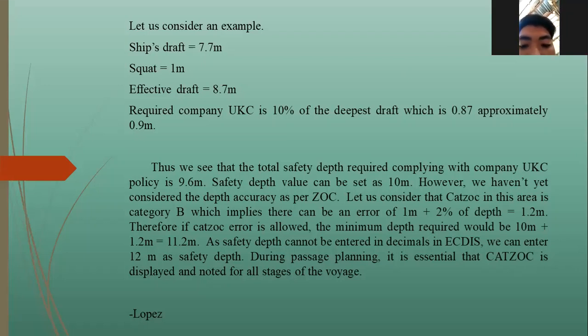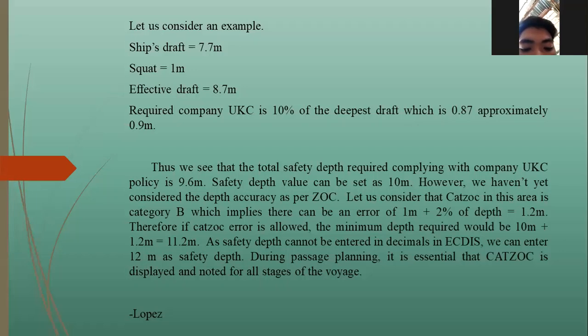Thus, we can see the total safety depth required, complying with company UKC policy, is 9.6 meters. Safety depth value can be set as 10 meters. However, we haven't yet considered the depth accuracy as per ZOC. Let us consider that the ZOC in this area is category B, which implies there can be an error of 1 meter plus 2% of depth, which is 1.2 meters.